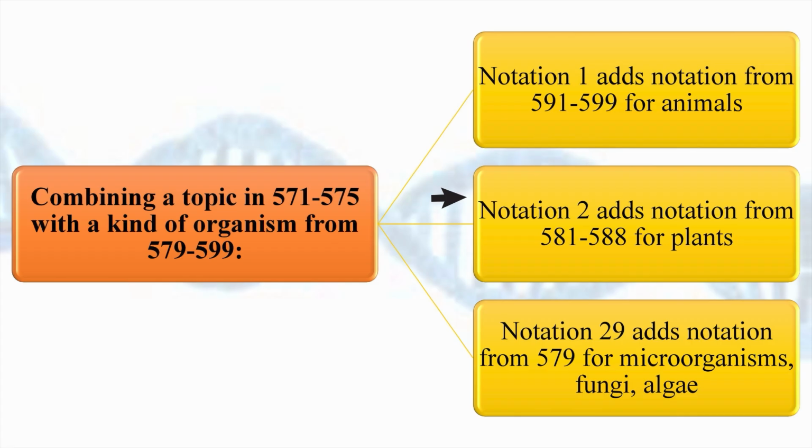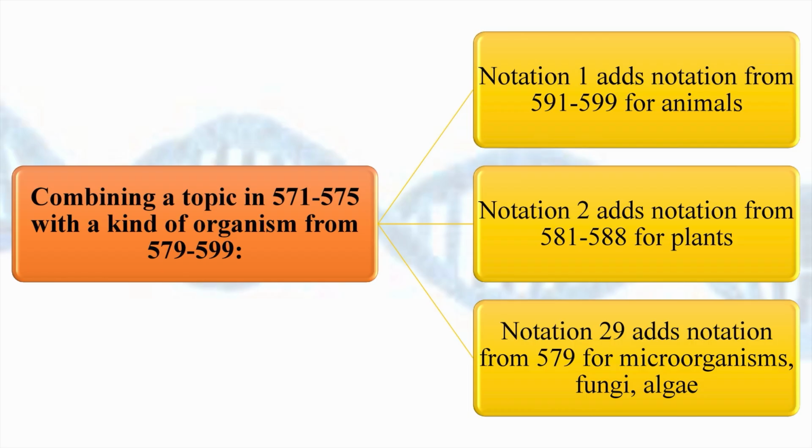On the contrary, for animals the number range will be 591 to 599. And finally, in this category, the notation 579 is added for microorganisms like fungi, algae, etc. So we have three categories: one for plants, another for animals, and a third for microorganisms like fungi or algae.